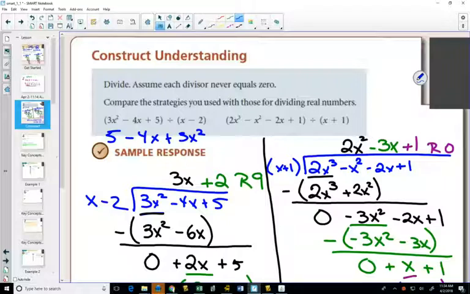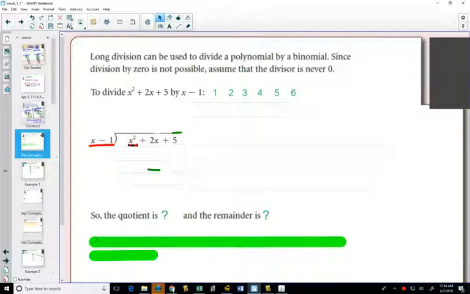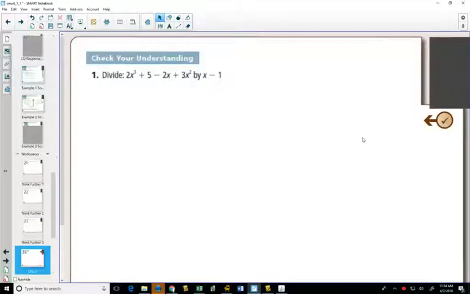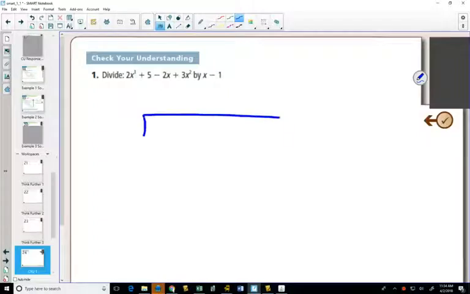And that's why we highlighted this right here. It needs to be written in descending order. And we'll see that in example 1. So here's example 1. It is not written in the right order, so we take some time. We're dividing by x minus 1.